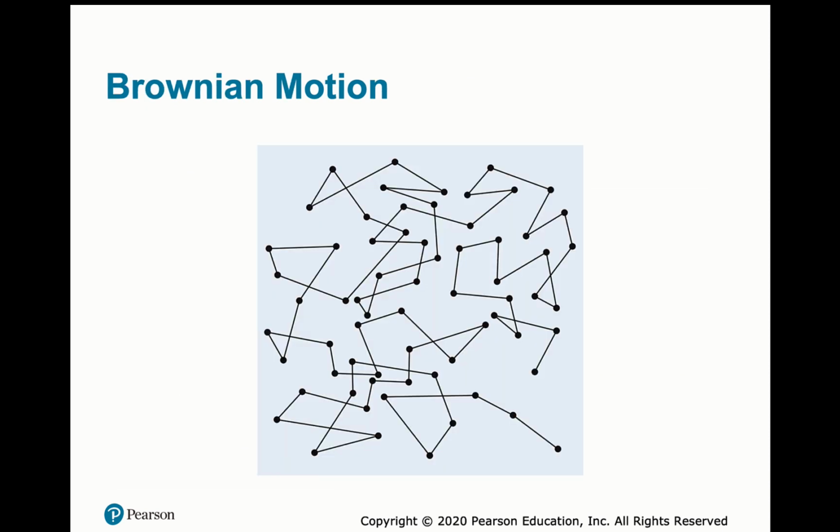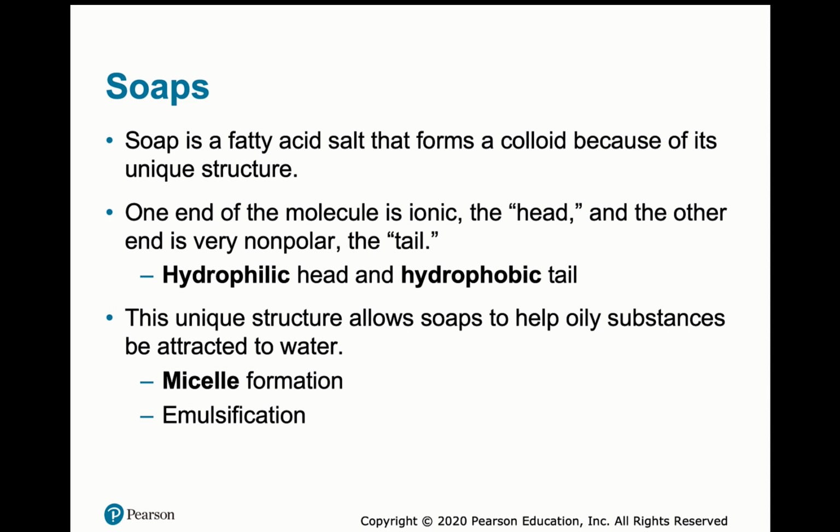Brownian motion is just the overall random motion that occurs in atoms in a liquid. And this was one of the first things observed as evidence for atoms. And then there's soap. Soap forms a colloid because of its unique structure. There's a hydrophilic end and a hydrophobic end.